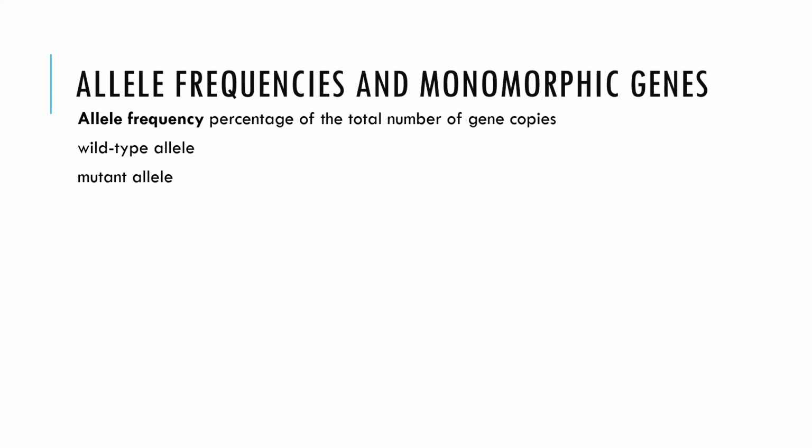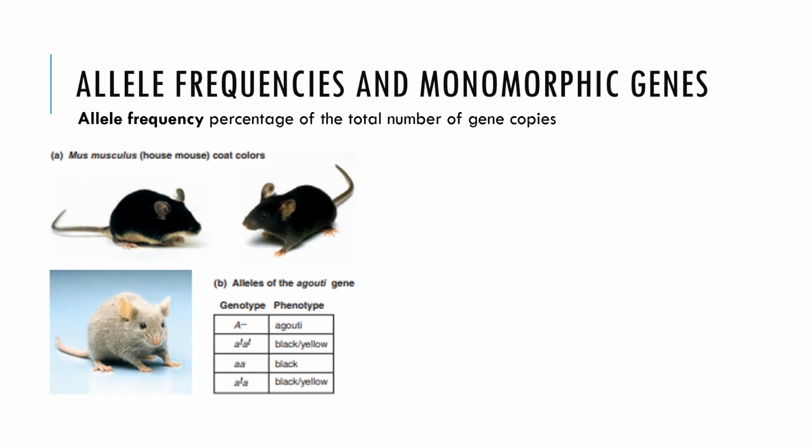In mice, for example, one of the main genes determining coat color is the agouti gene. The wild-type allele produces fur with each hair having yellow and black bands.